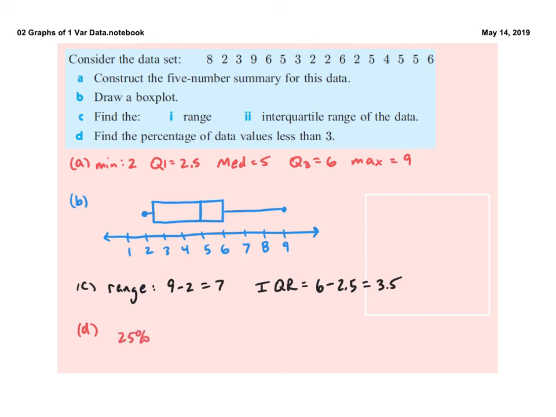So that's back to this whole idea that 25% of the data is here, and 25% of the data is here, and 25% is there, and 25% is there. So hopefully you can see that as I'm highlighting it. We're looking for less than 3, which means if this little Q1 is 2.5, we're looking at this set of data, which is going to be 25% of the total.